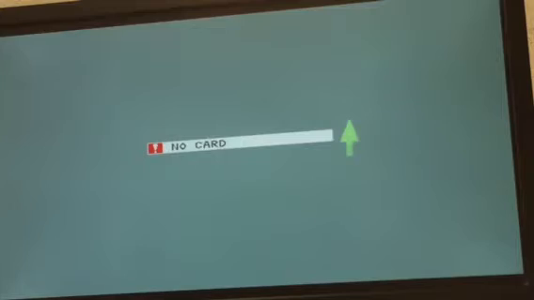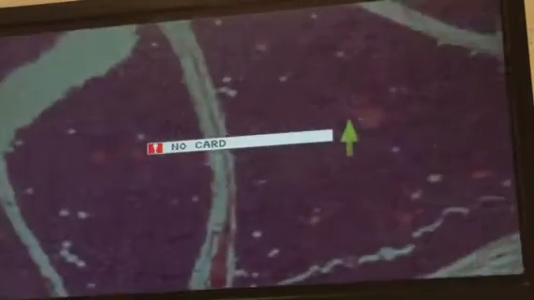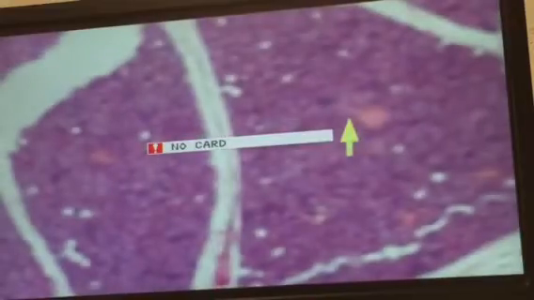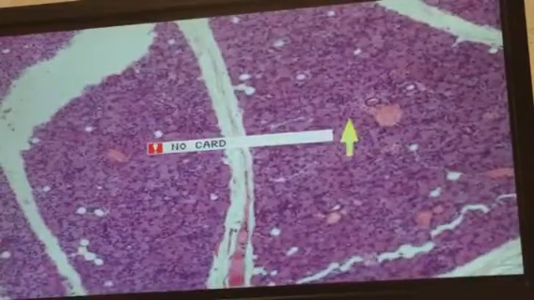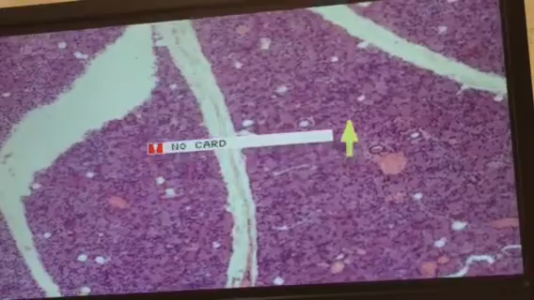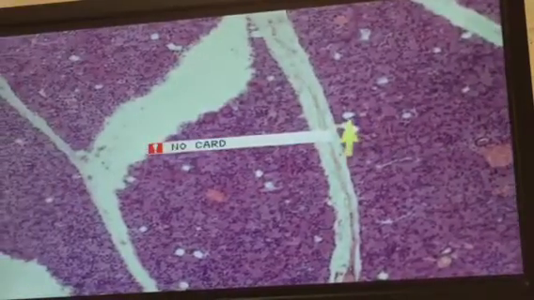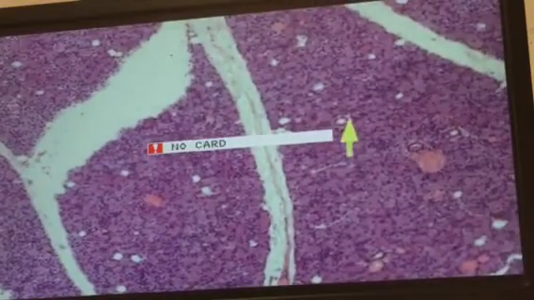Let's take a look at another parotid. And the staining characteristics are going to vary in the salivary glands. So in this one, it seems much more compact. We still have some interlobular fat. You see a striated duct right there.